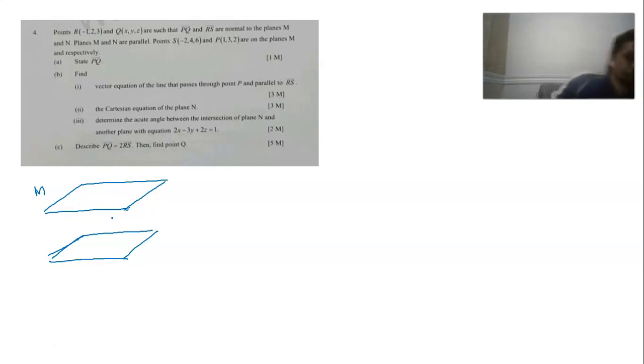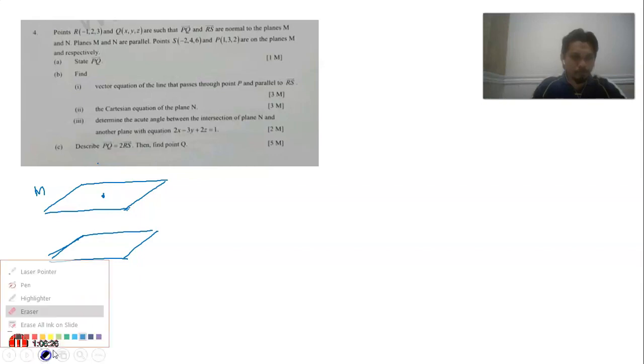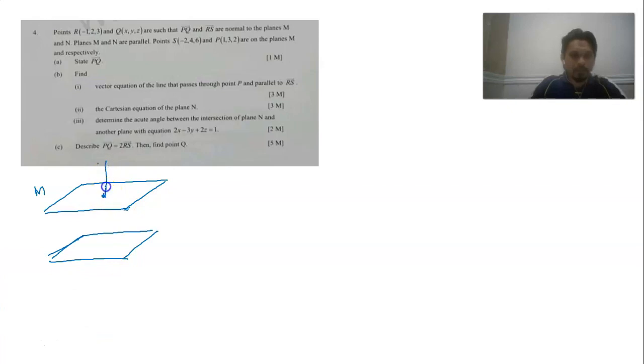Now, PQ and RS are normal to the plane. Normal means that from P to Q it forms a 90 degree angle with the plane, and likewise from R to S for the other plane.